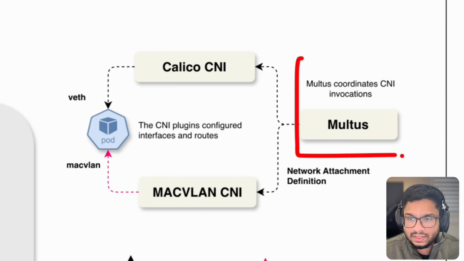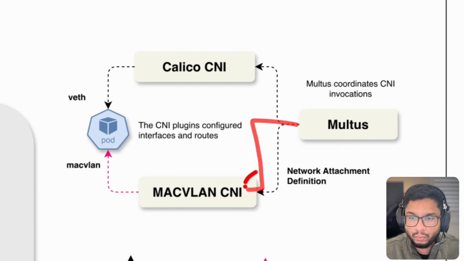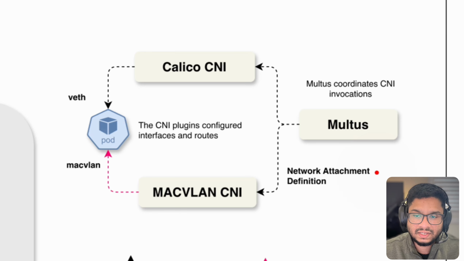Now, Multus, based on something known as a network attachment definition, which we will also configure, will be able to invoke MacVLAN CNI to configure the secondary interface for the pod, and the network attachment definition will have the spec for what that CNI configuration should entail.